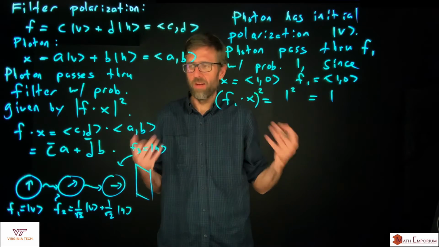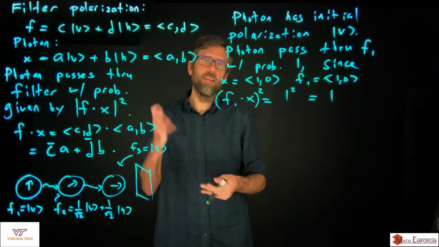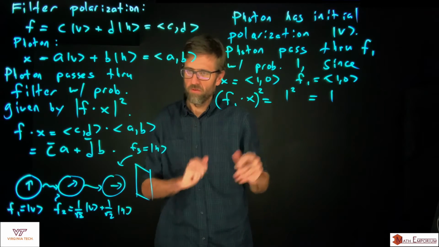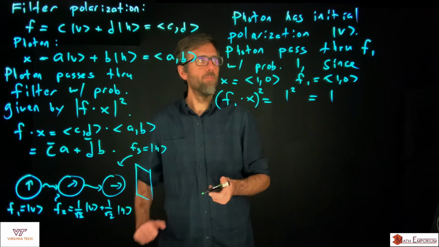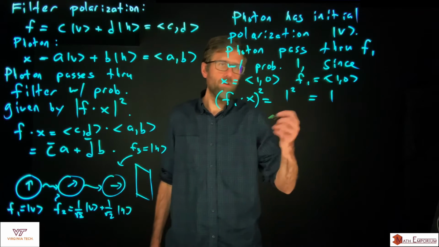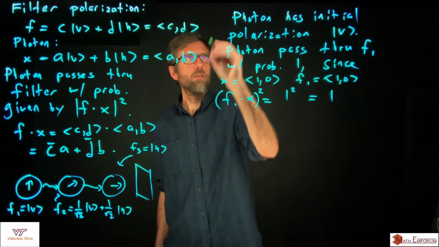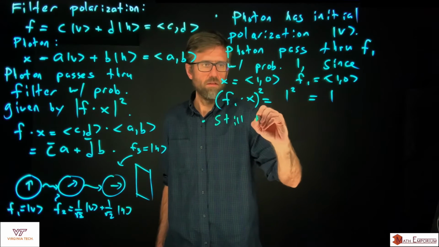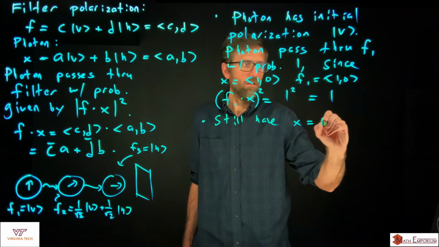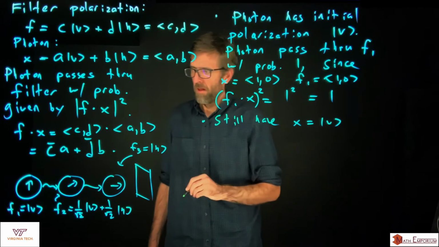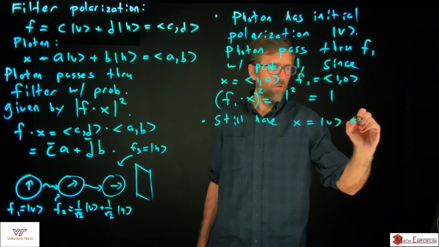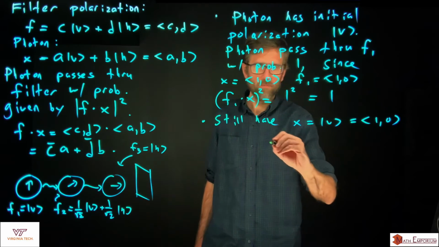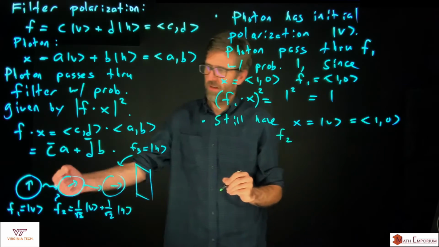We just give formulas for calculating probabilities, but they agree with the qualitative version that we did last time. All right. So now the polarization is still vertical, and it's still 1, 0. So now we're at filter F2.